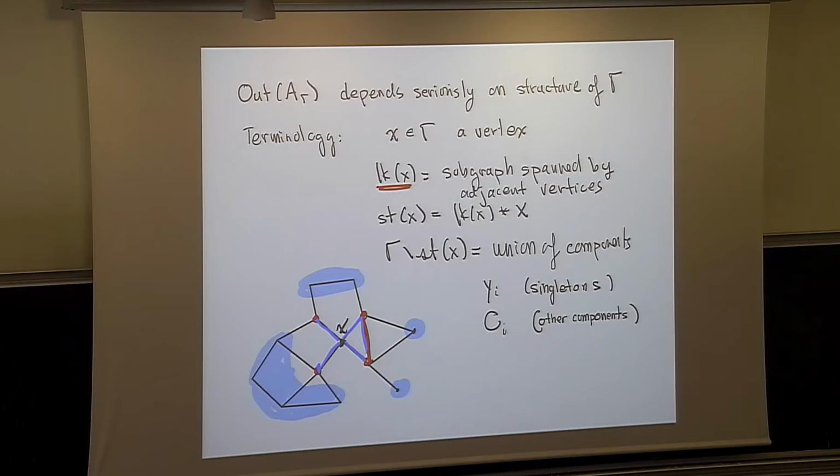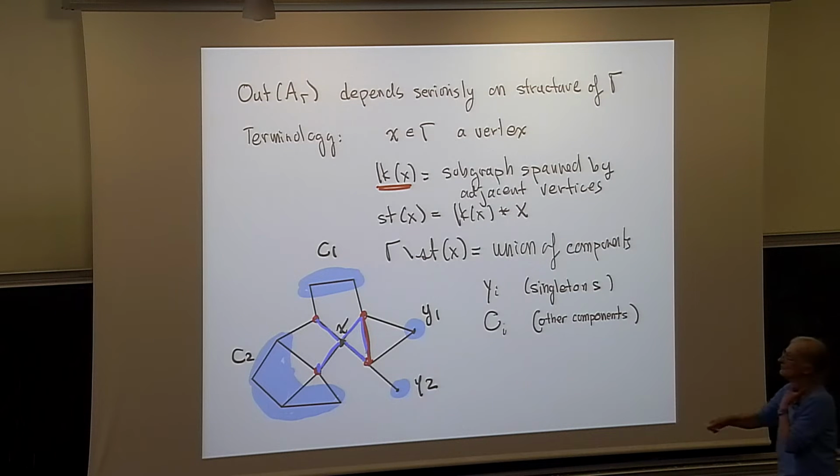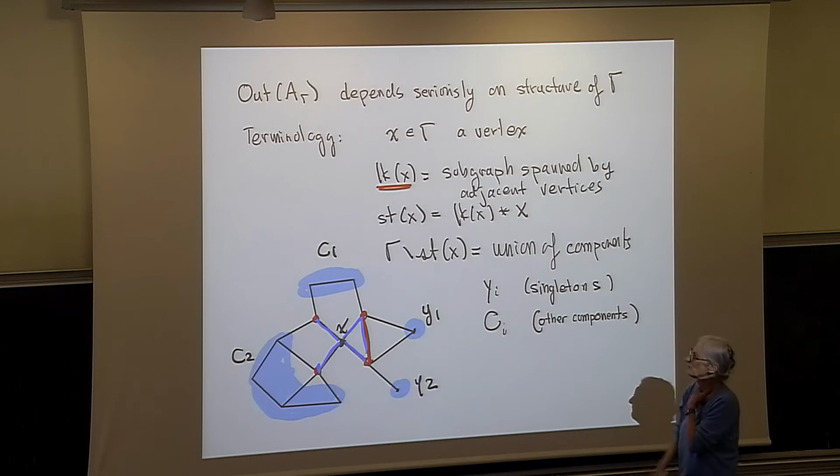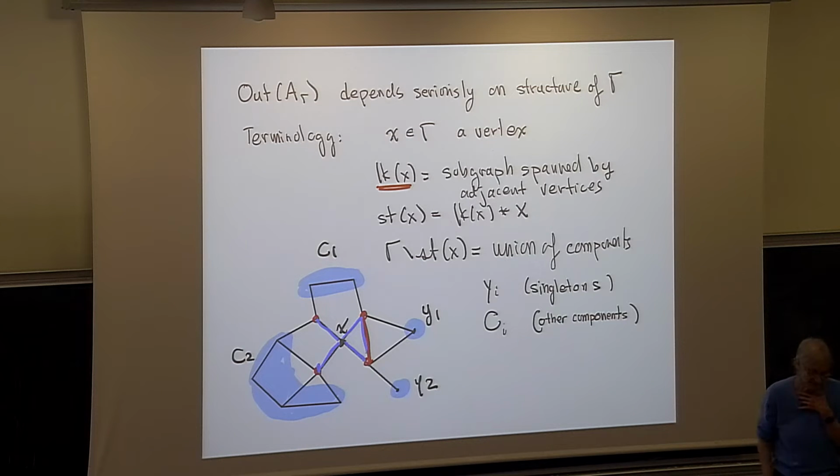Some of these components are singletons, and some of them have more than one vertex. So we'll call the ones with one vertex Y and call the ones with more than one vertex C's. Okay, so this picture is important for understanding automorphisms.